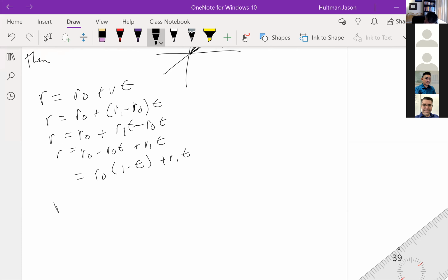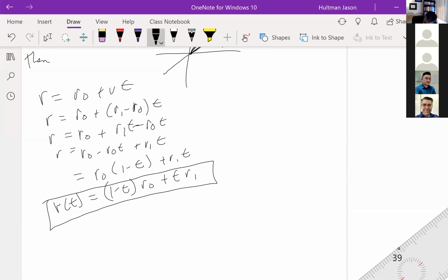I'm going to say that r of t is equal to 1 minus t times r naught plus t times r1. Now let me explain what's going on here. For 0 less than t less than or equal to 1, this is the line segment from P naught to P1.